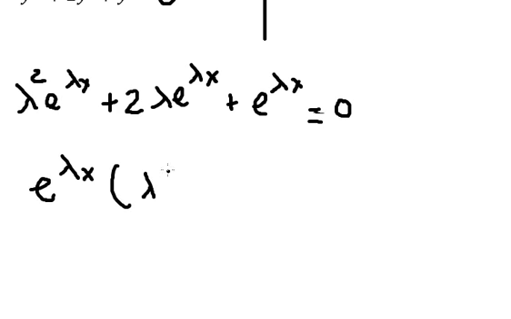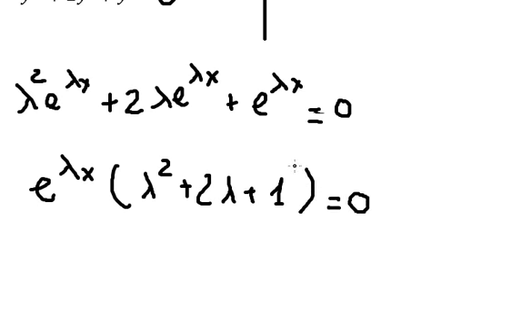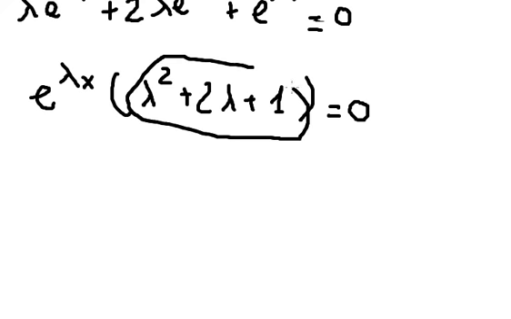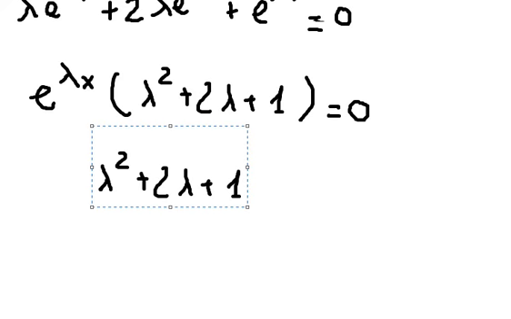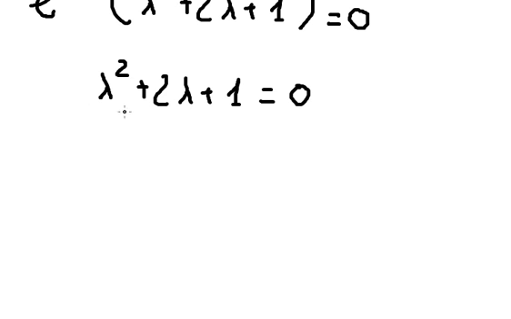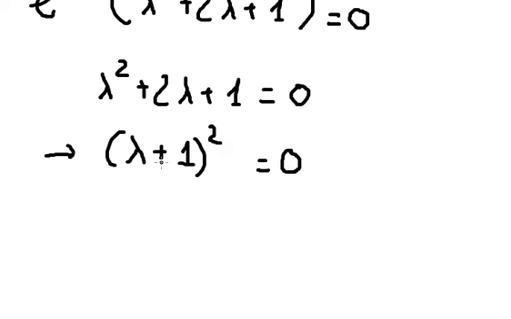So we have lambda square plus number 2 lambda plus number 1 equals to number 0. So for this one, we need to find the solution in here. Now this one, we have lambda plus 1 everything to the power of 2 equals to number 0.